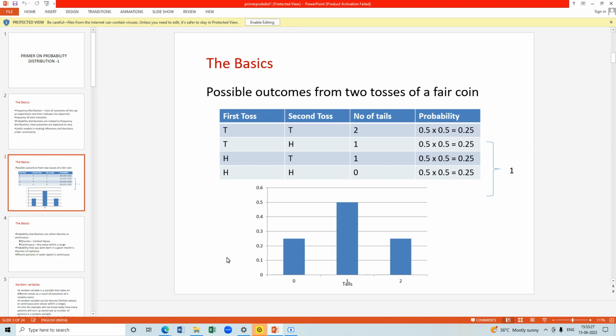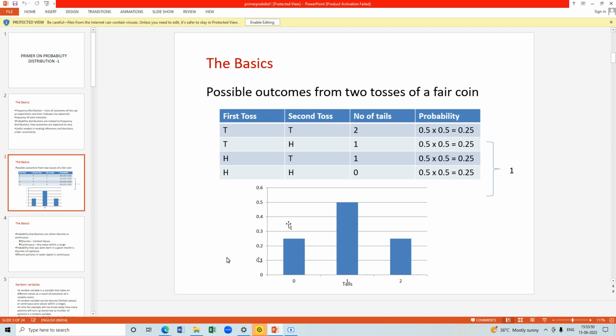Now all the probabilities add up to 1. So you can plot these as a frequency distribution. The probability of getting one tail is in two of the outcomes, tail-head and head-tail. Therefore, the probability becomes 0.5, which is 0.25 plus 0.25.